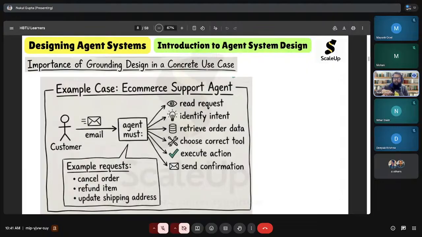So the agent will automate this entire workflow. The key learning for us is that all the steps are well defined, like how the agent should act for this particular use case. That is what we are looking for: grounding design in a concrete use case.